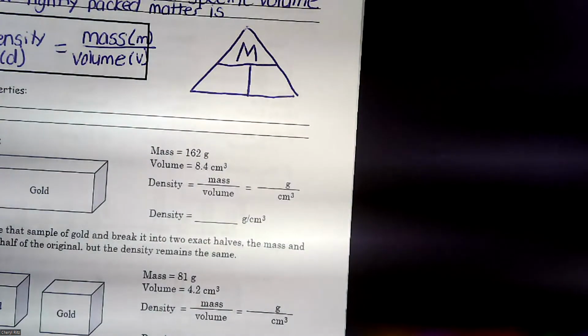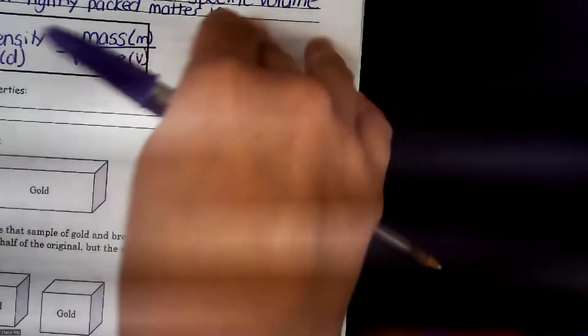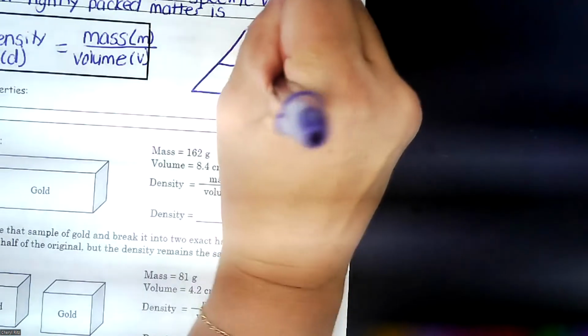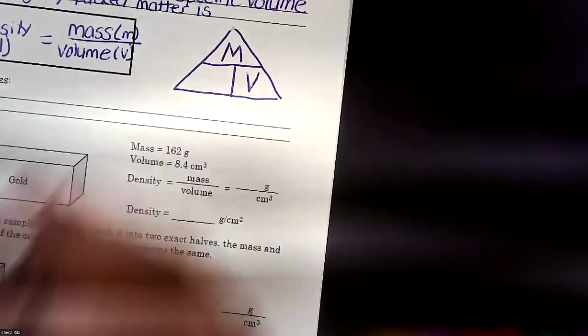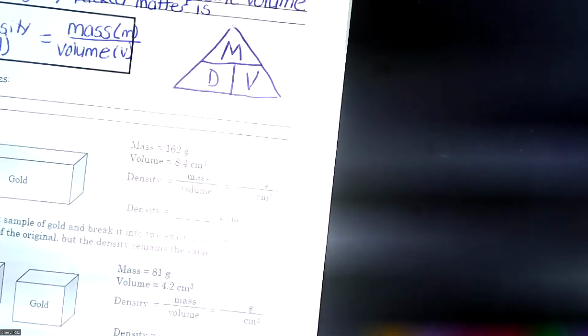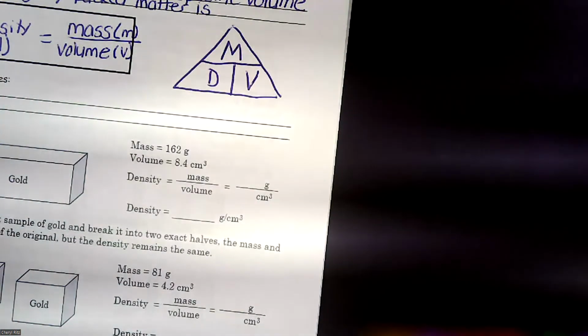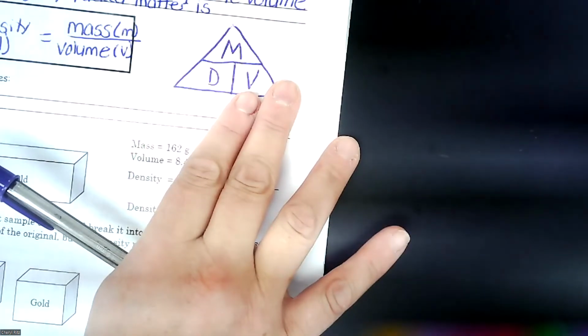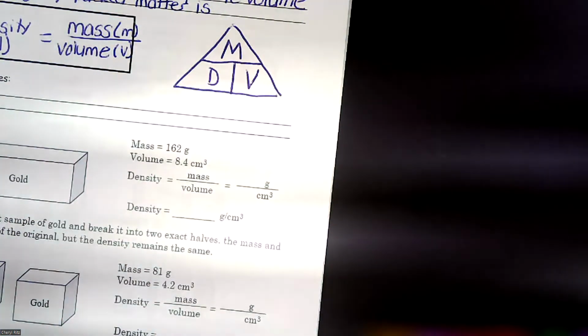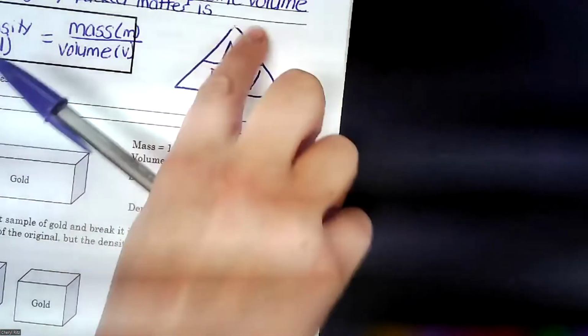The other reason is just because the density formula is mass over V. So look at that, mass over volume. And then you just plug the D in the other one. On the bottom floor, it doesn't matter which one goes where, but you might as well just keep it looking like D equals M over V.